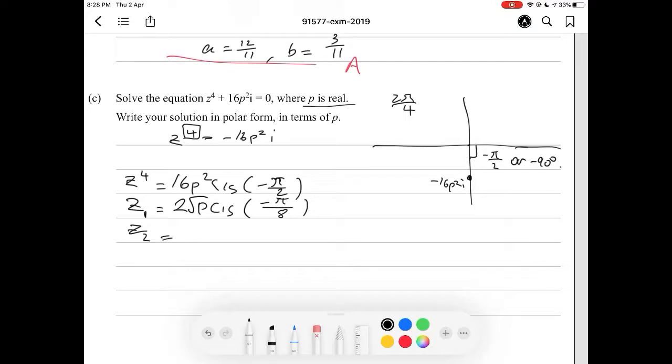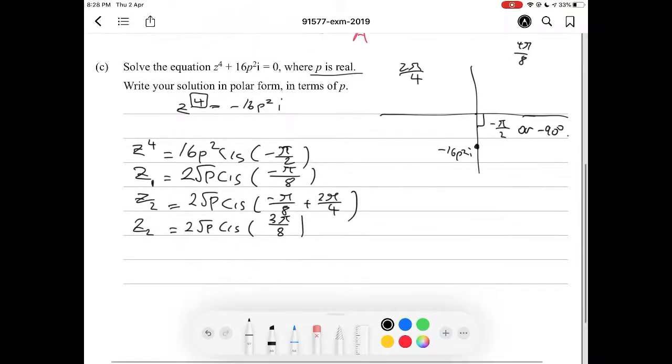So we know z2 equals 2 root p cis of negative pi over 8 plus 2 pi over 4. So 2 pi over 4, that's 4 pi over 8. So z2 equals 2 root p cis of 3 pi over 8. That's our z2. And we're going to add another 2 pi over 4 to find our third root, which is 2 root p cis of 3 pi over 8 plus 4 pi over 8.